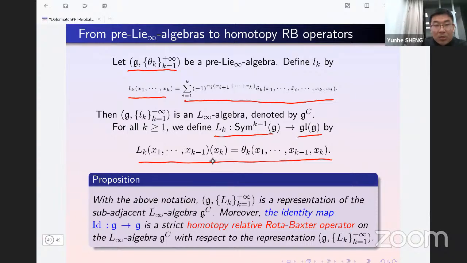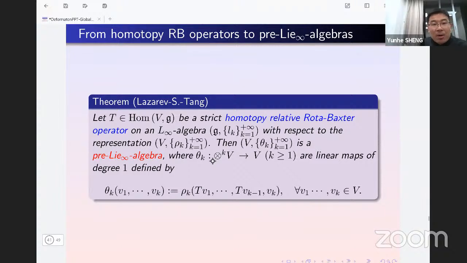Okay. Conversely, from a homotopy relative Rota-Baxter operator, we can also obtain a pre-Lie infinity algebra. So let T be a strict homotopy relative Rota-Baxter operator on an L infinity algebra (G, l_k) with respect to the representation (V, rho_k). Then on V, there is a pre-Lie infinity algebra structure. Here, theta_k are linear maps defined by this formula. It is a little complicated, but we can compare it to the classical case.